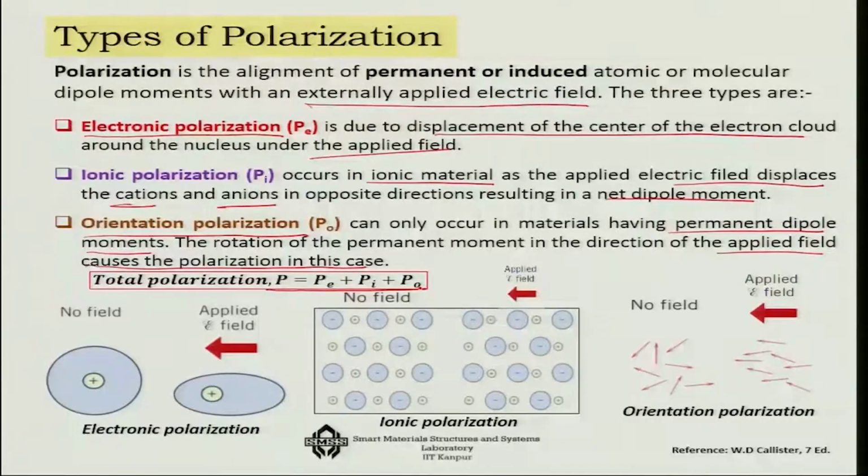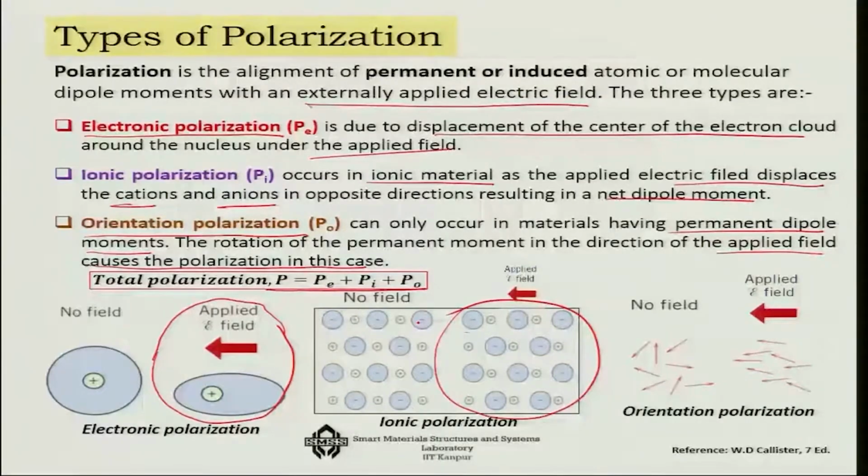Now, the total polarization P can be expressed as a summation of the electronic polarization, ionic polarization, and orientation polarization. Here in the figure we have explained the same thing: under no field this is the system, but as you apply the electric field, the electron cloud shifts itself, and that is the electronic polarization. In the ionic polarization, the ionic system itself reorients, as you can see here.